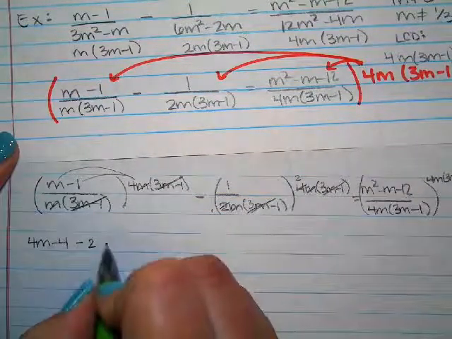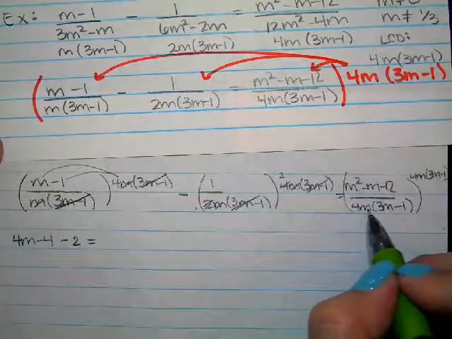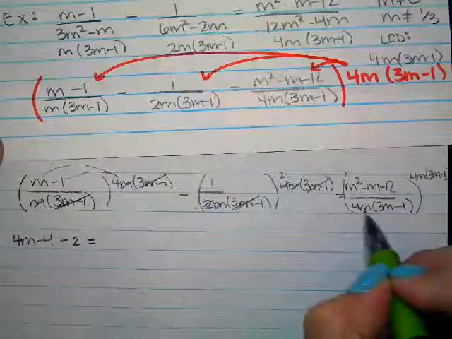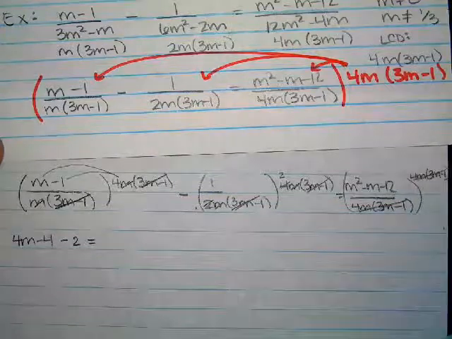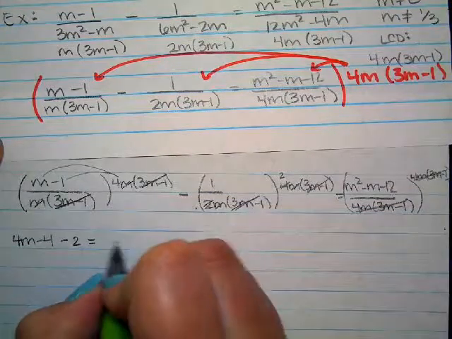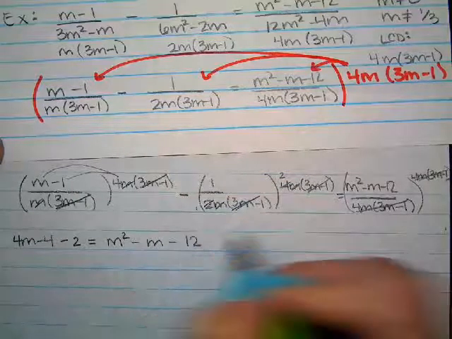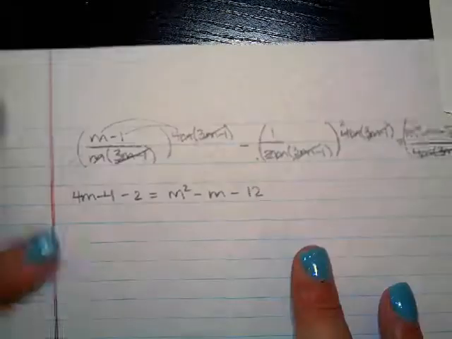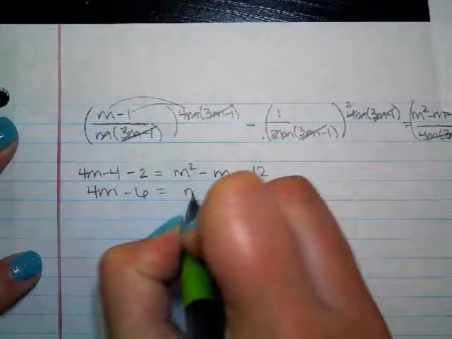And then over here we have 4m times 3m minus 1 over 4m times 3m minus 1, so that entire thing cancels. These are all completely gone. So equals m squared minus m minus 12. So we have 4m minus 6 equals m squared minus m minus 12.